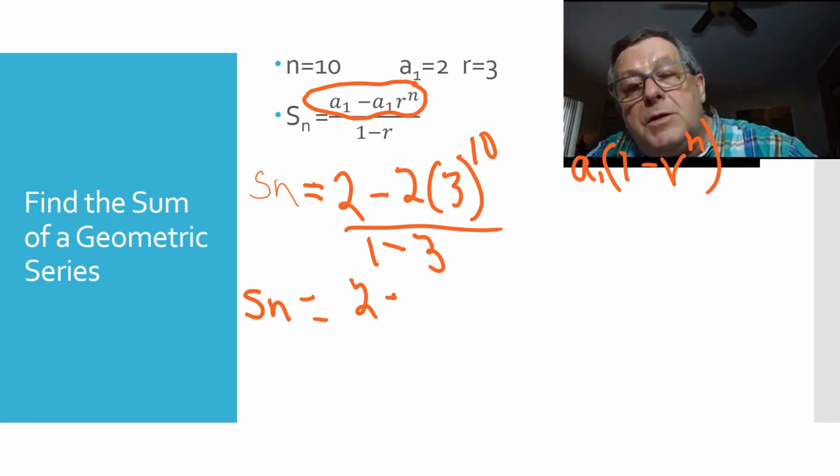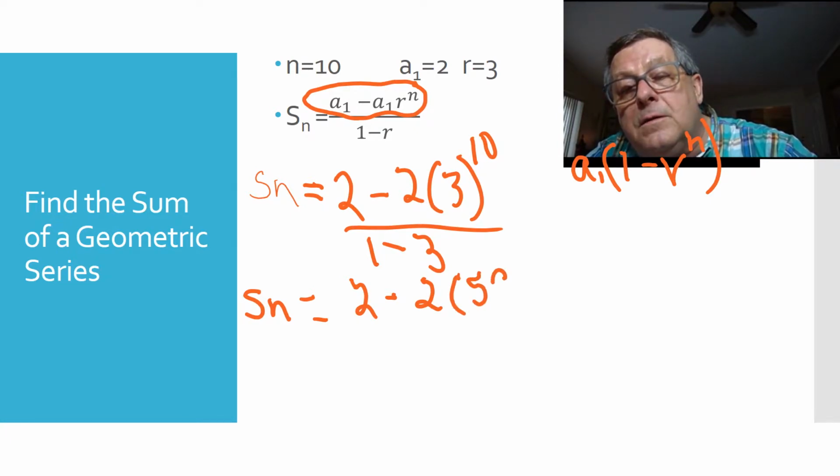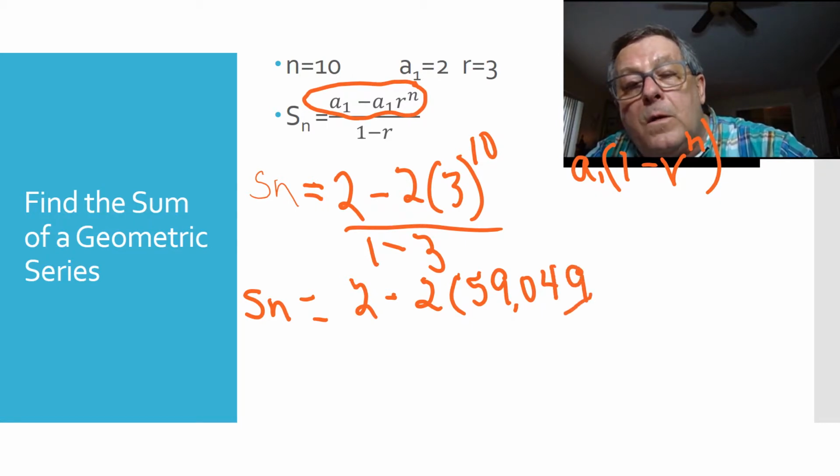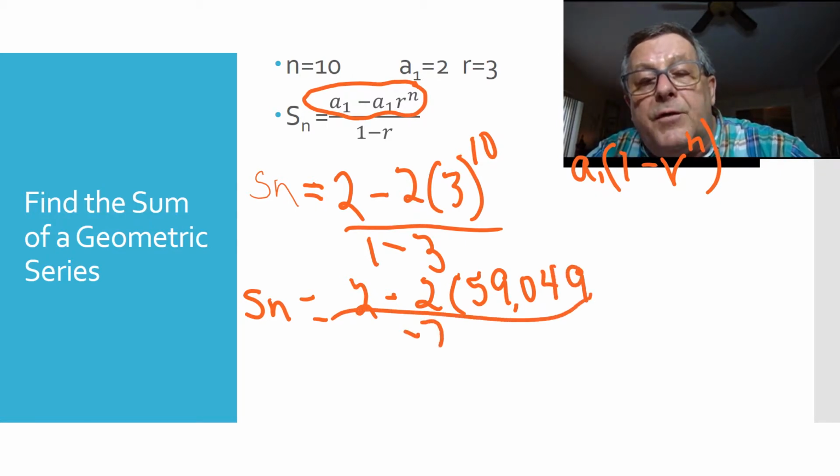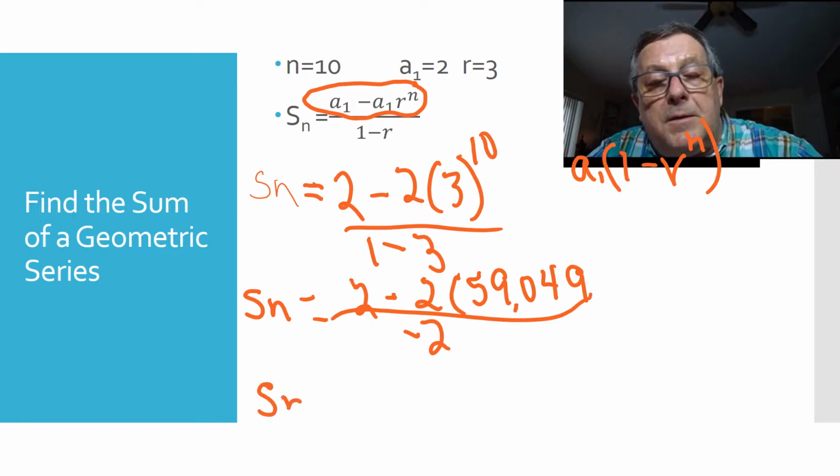So here we have 2 times 59,049 over negative 2.